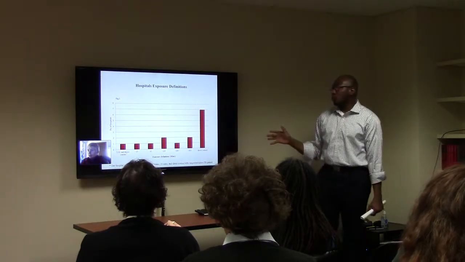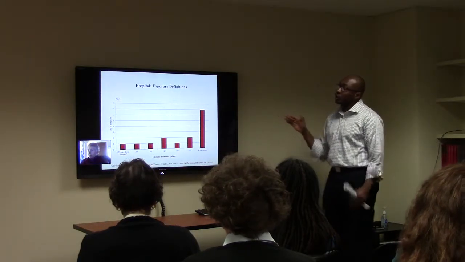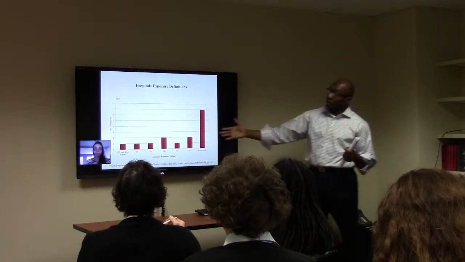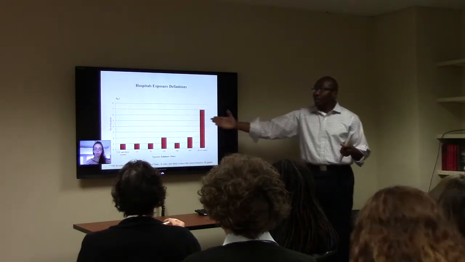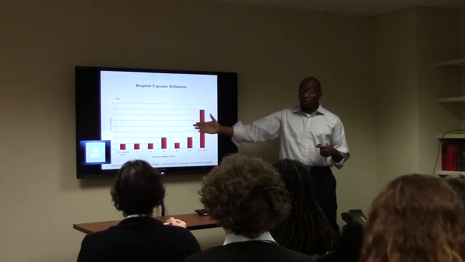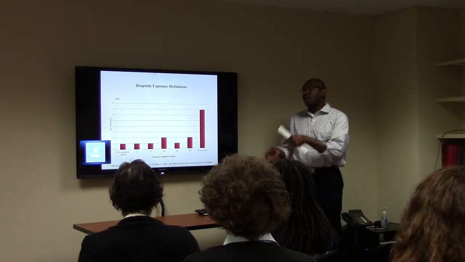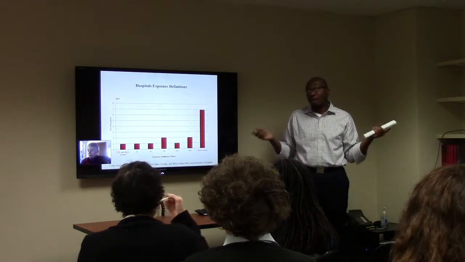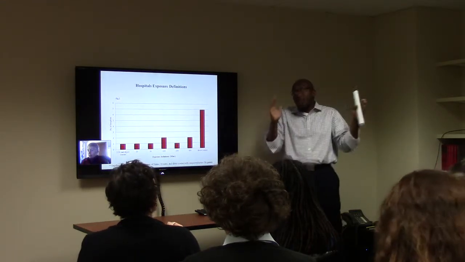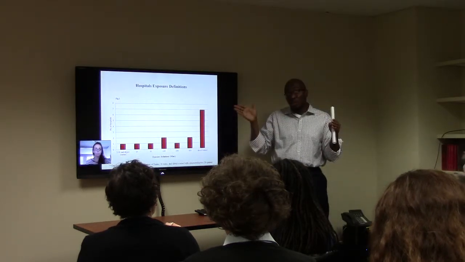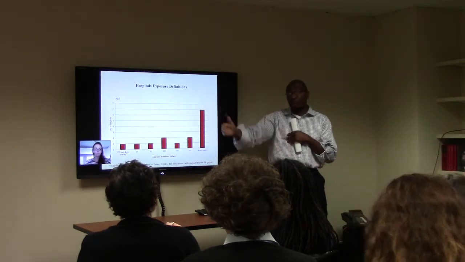This graph shows the hospitals' exposure definitions, and we can all see that there's variation across all hospitals, which is contrary to what I found at the county health departments. All the 6 counties that I surveyed followed the CDC's 8 hours cumulative exposure over 1 week.